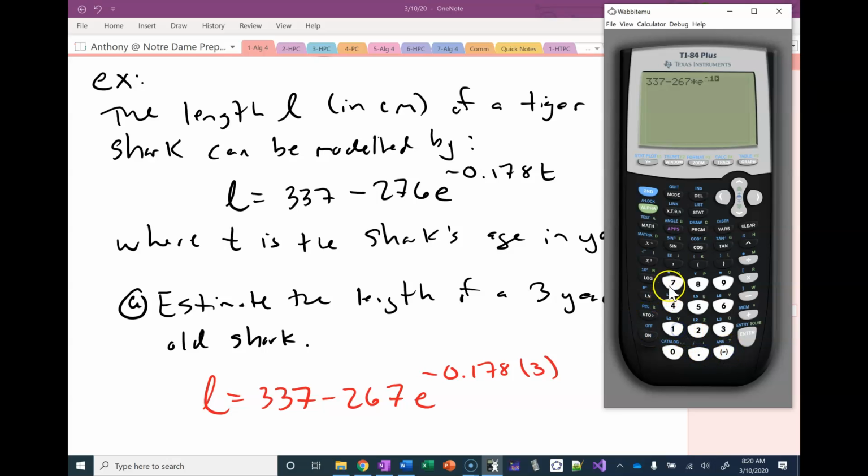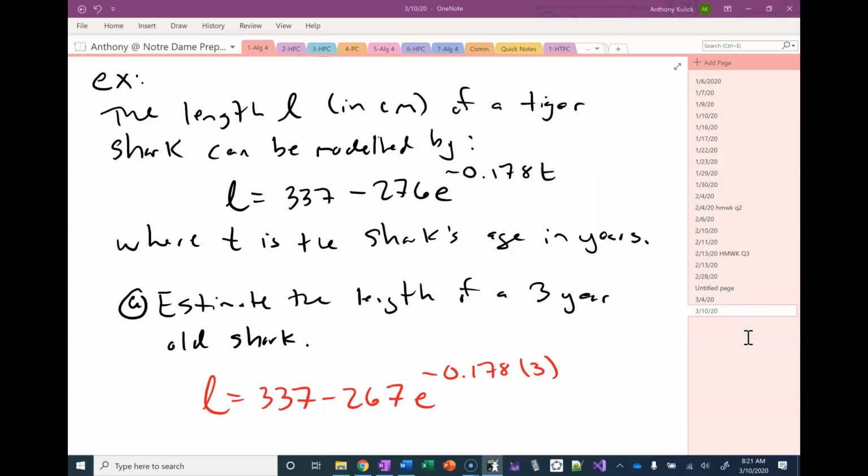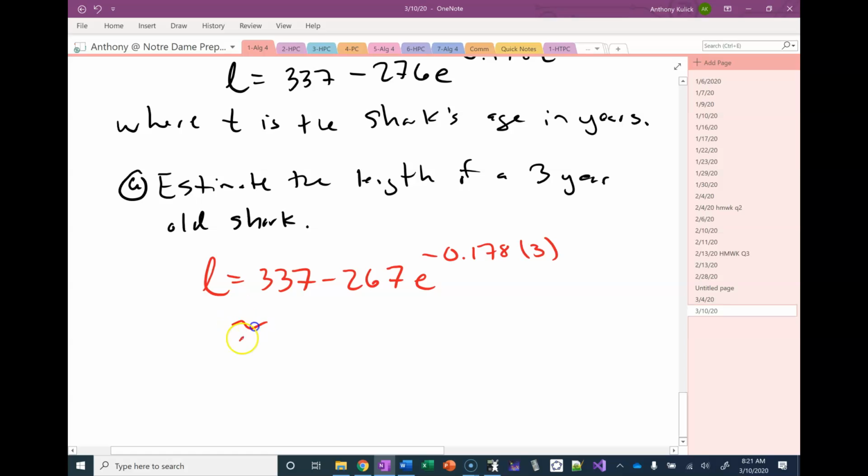Those of you following along, were you able to find the second and then ln buttons to get your e to pop up? It's pretty easy, right? Okay. So there we have about 180 centimeters.